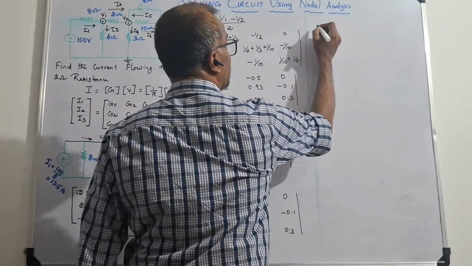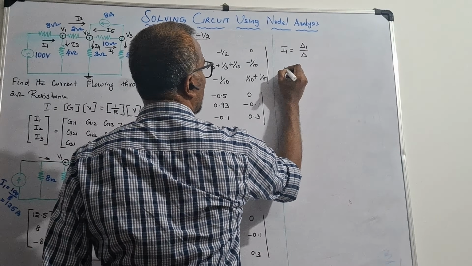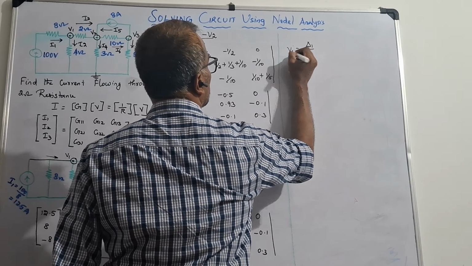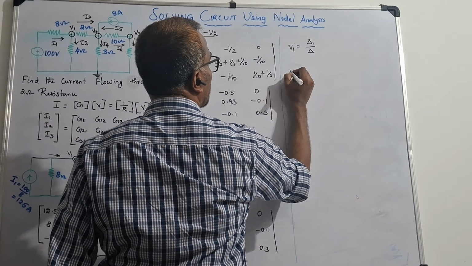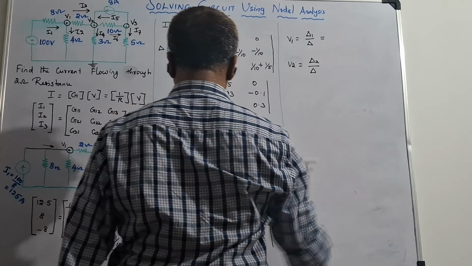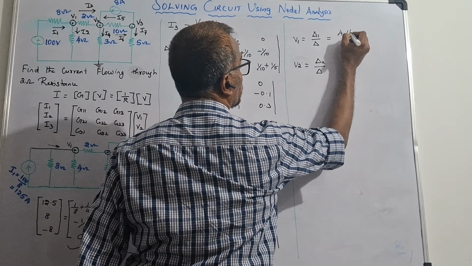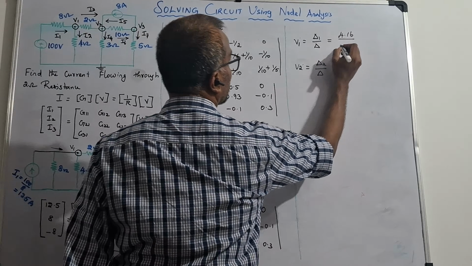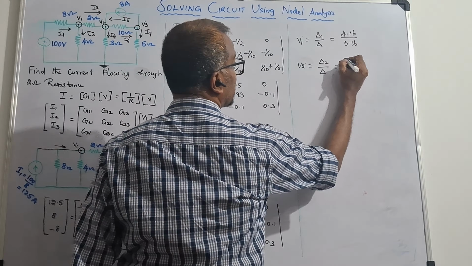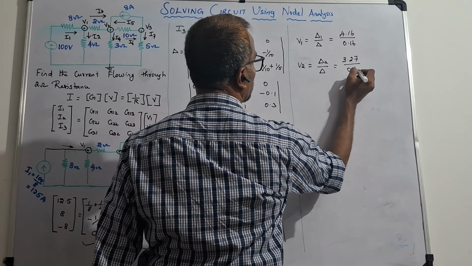So from this we can find out V1 is nothing but delta 1 by delta, and V2 is nothing but delta 2 by delta. What is delta 1 by delta? Delta 1 by delta is delta 1, 4.16, divided by delta, 0.16, and V2 is 3.27 divided by 0.16.